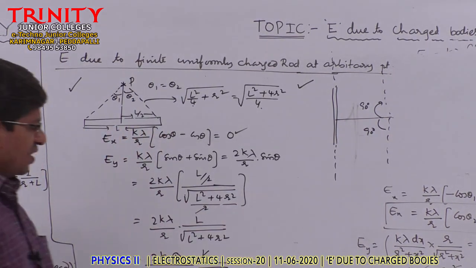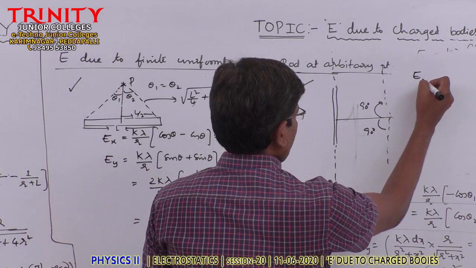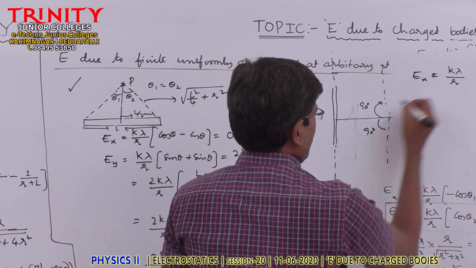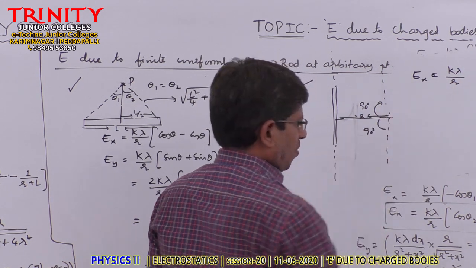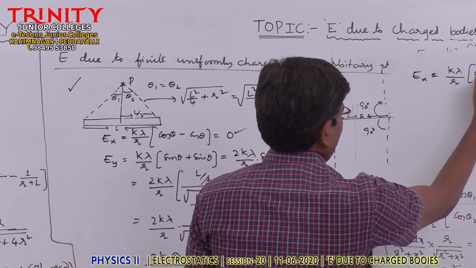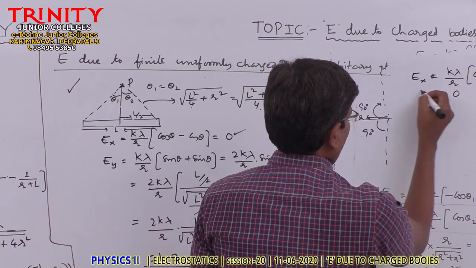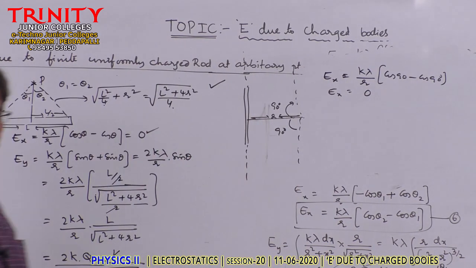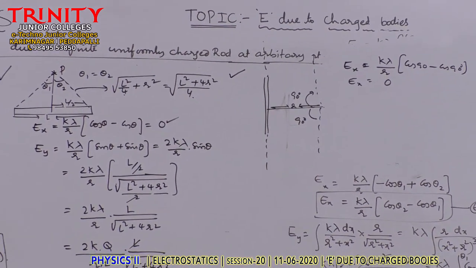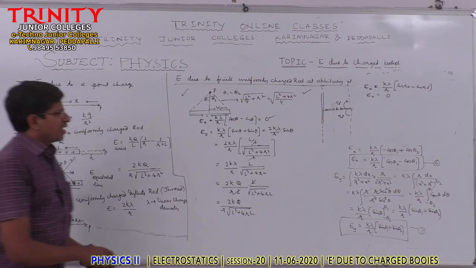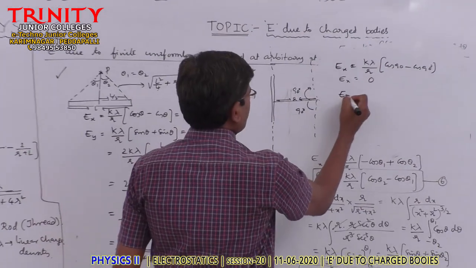So therefore, Ex will be equal to k lambda by r, where r is the distance as we have taken previously, into cos 90 minus cos 90. Cos 90 is anyway 0, therefore you will get 0 there. Previously also there was no x component, only the y component. And what is the y component?